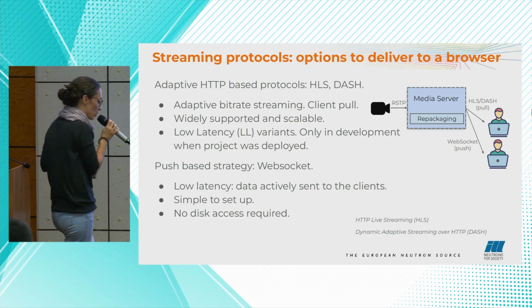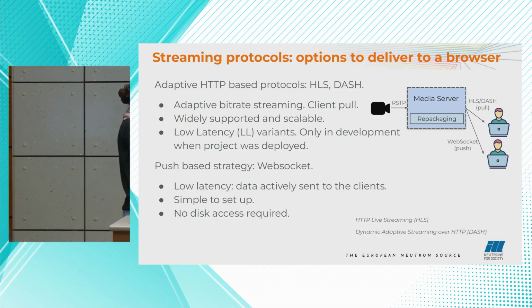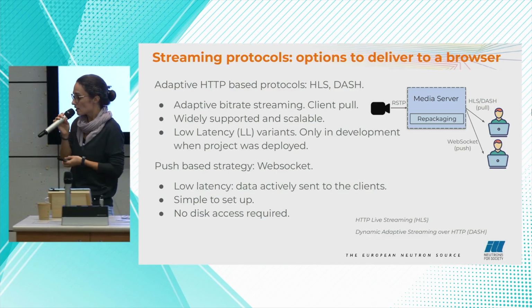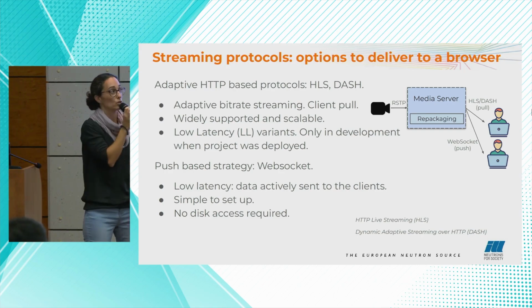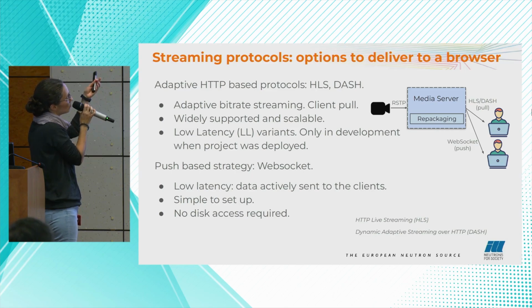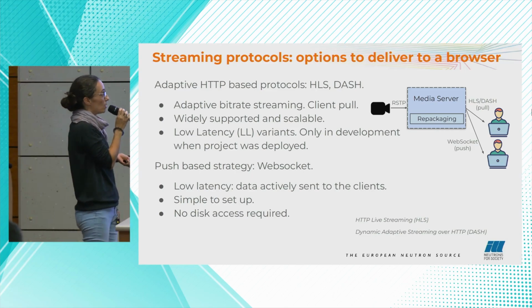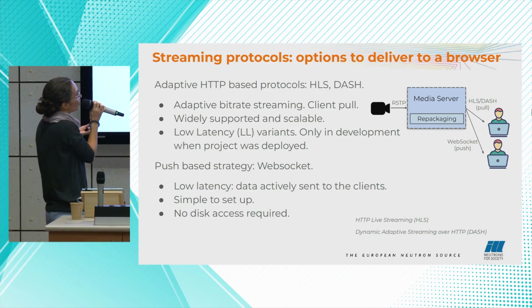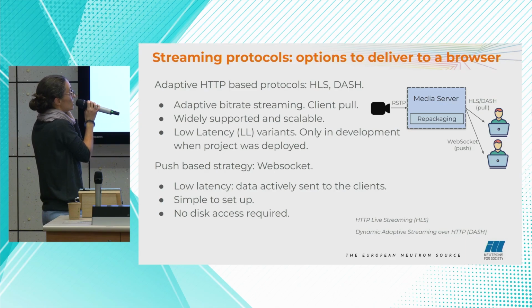They're widely supported, extremely scalable, and they're everywhere. But they suffer from latency because it's not their main aim. There were some low latency variants in development when our project was being deployed, but we couldn't test them because they were in really early stages.